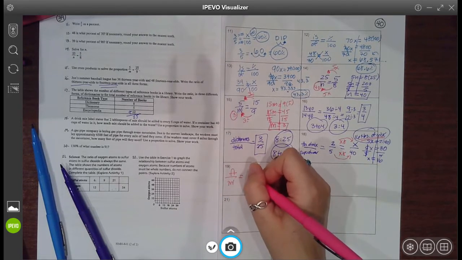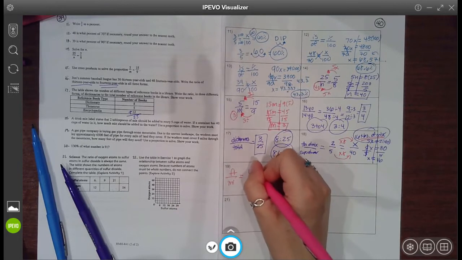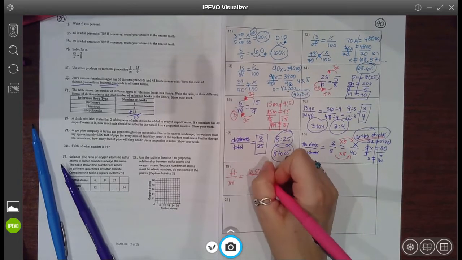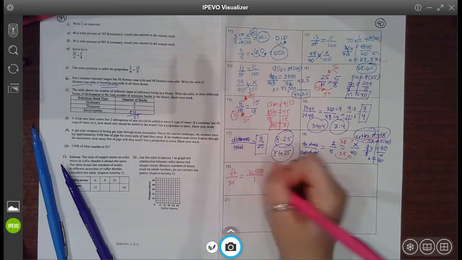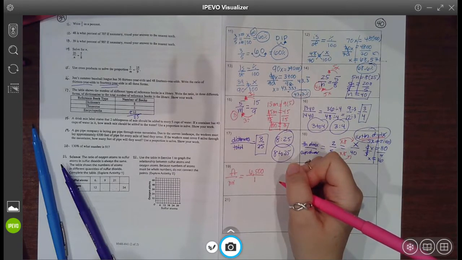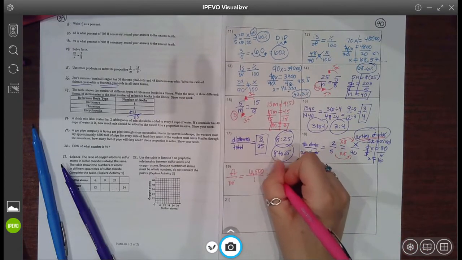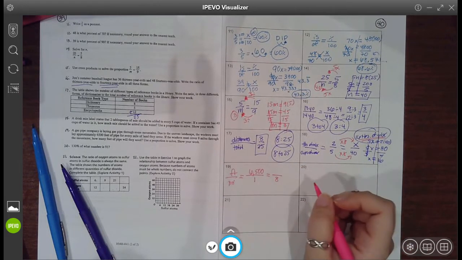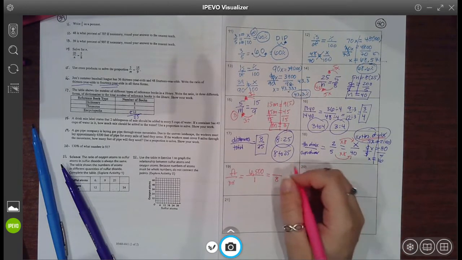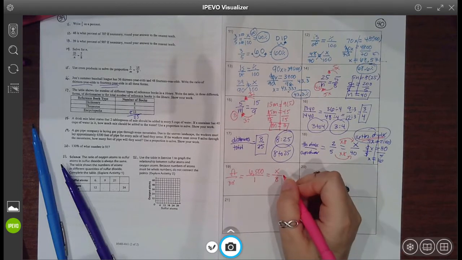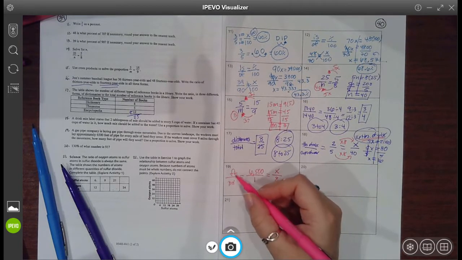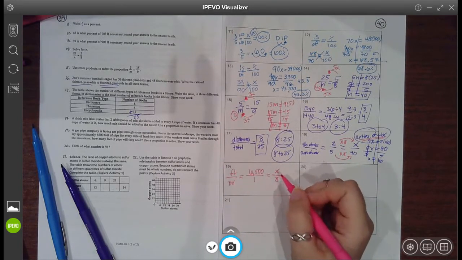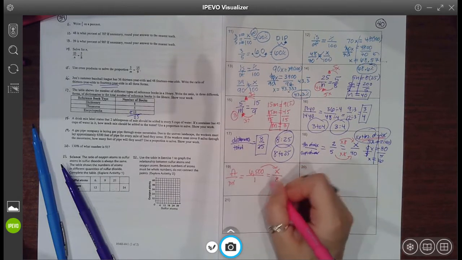So they're saying that you have to do 6,500 feet of pipe for every 1 mile of land that you cover. So if they have to cover 8 miles, 8 goes on the bottom because that's where the miles are, of land, how many feet of pipe do we need to lay? And we don't know the feet of pipe. That's why that's the unknown.